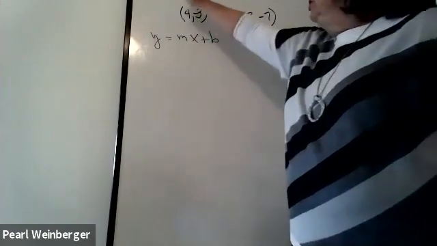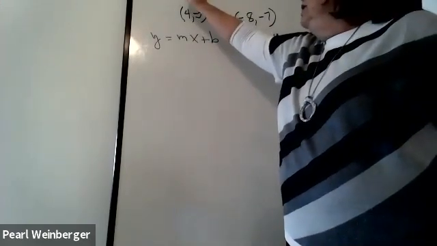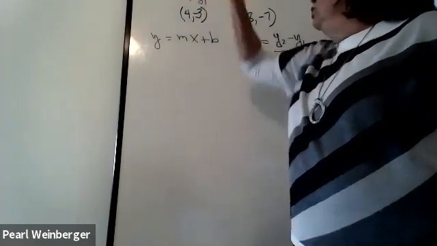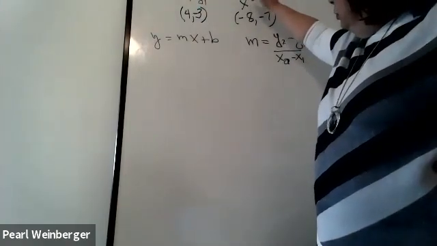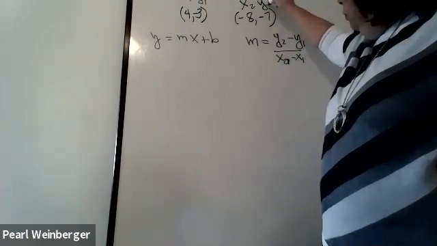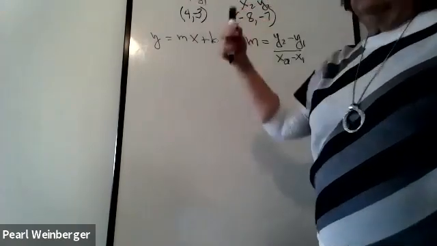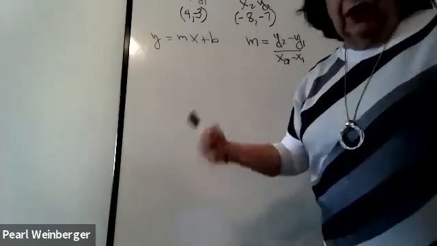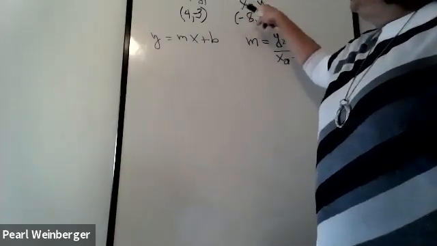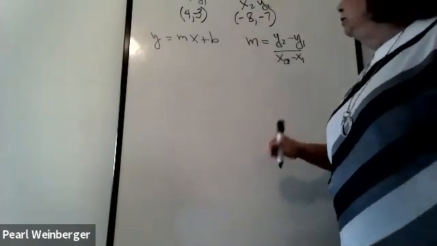I just arbitrarily pick one point to be my first point, so that's the x1, y1, and the second point then becomes the x2, y2. Remember that these subscripts just indicate the x of point 1, the y of point 1, the x of point 2, and the y of point 2.